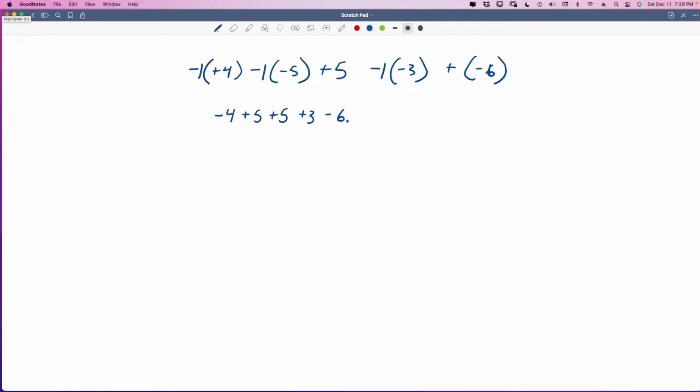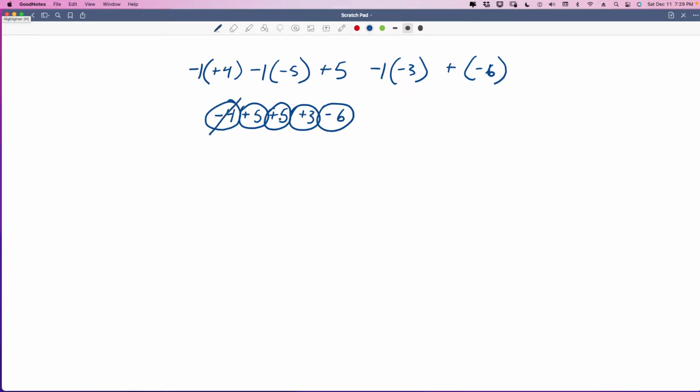So now we can treat these the way we're used to. So we have a -4, +5, +5, +3, -6, and we can just combine them the way that we want to. Now, if we look very carefully, we see that a -4 and a -6 combined is going to be a -10, right? +5 and +5 are going to be a +10.